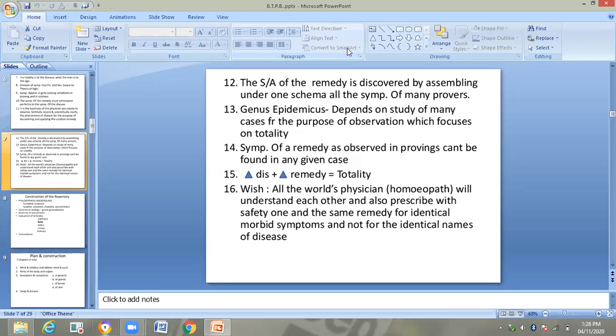As I told, what is true to the part is also true to the whole of the person. We follow this concept when some symptoms are incomplete while taking the case.